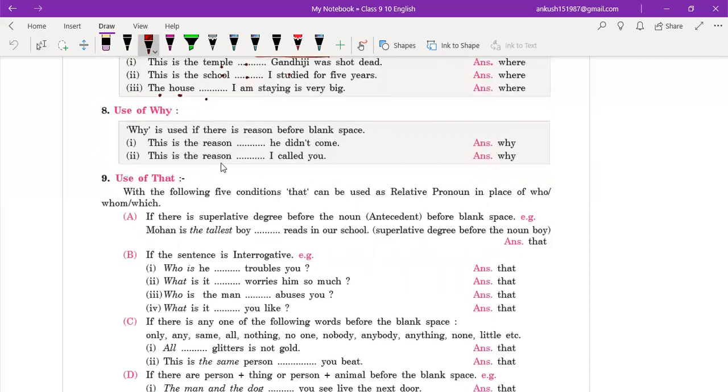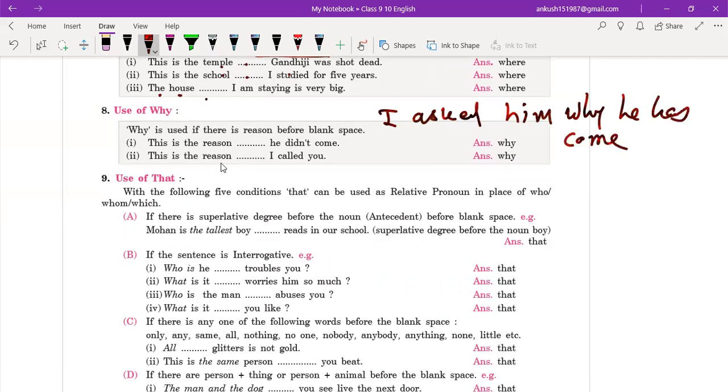Understood? Sir, can we write this example: this is the reason why I went to school? Yes, definitely, this sentence also works there.